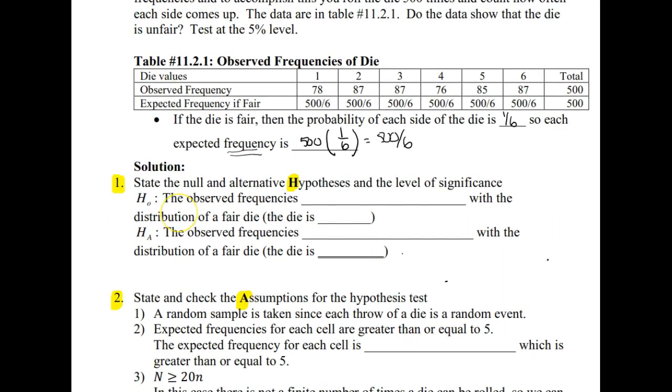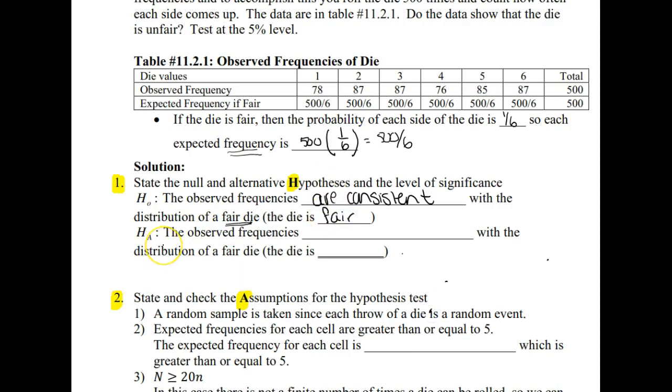Following through PHANTOMS, we don't have a parameter in this case, so we don't have p, which means in the hypothesis test we also don't have a parameter. These are just going to be wordy hypothesis tests for these qualitative tests. The null says the observed frequencies are consistent with the distribution of a fair die, so the die is fair.